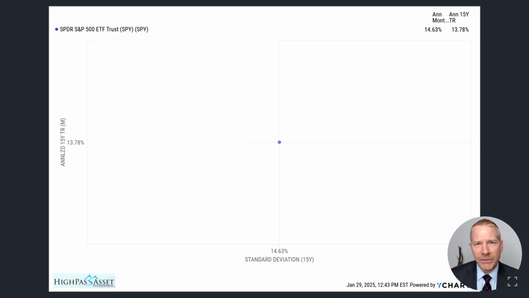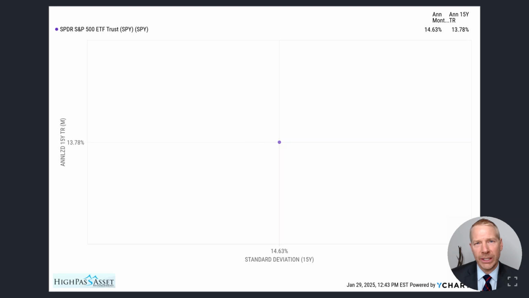Here's the last 15 years of standard deviation and return data for the S&P 500 proxy SPY ETF. 14.63 standard deviation, 13.78 return. Now, if you're planning for the future and you are focused solely, for instance, on SPY, I would say you want to ratchet up your standard deviation.